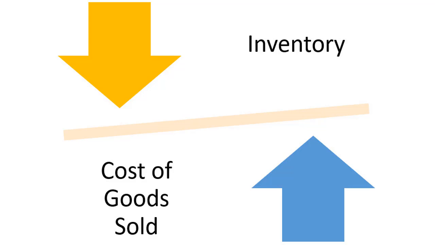So if you remember, I said that inventory on your books is the amount of the products that you haven't sold yet. But once you sell those products, then the cost of those products then is recorded or added into the cost of goods sold account.